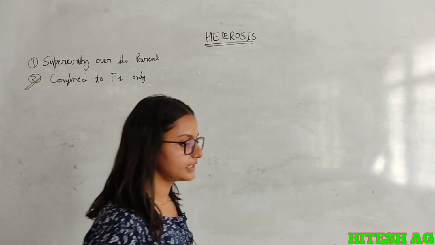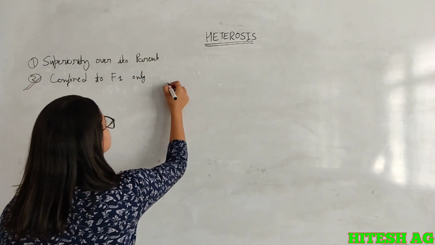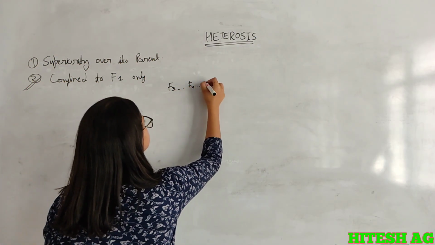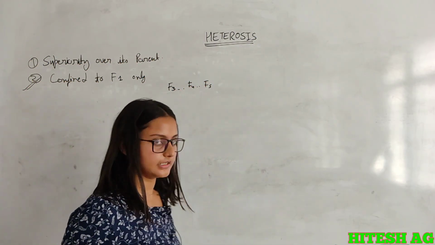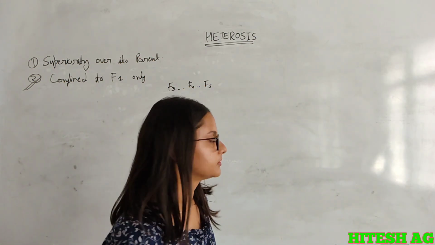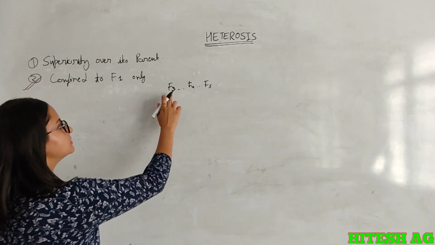It declines in F2 and subsequent generations, which means F2, F3, F4. It keeps declining, and it may completely disappear also, as you move further in generations.